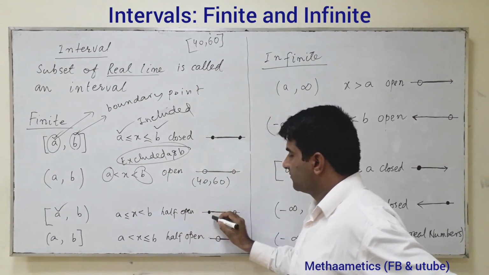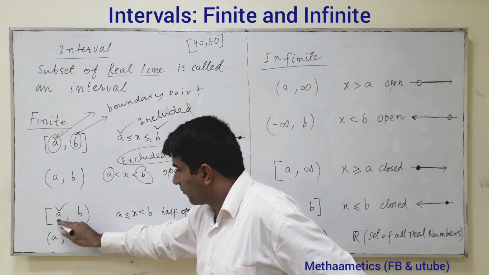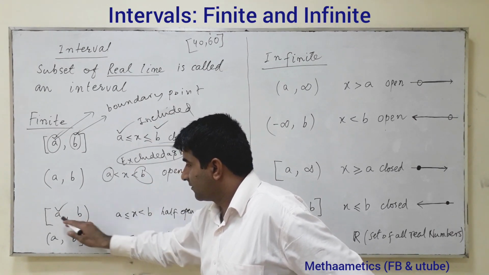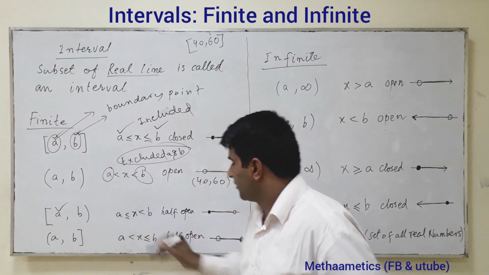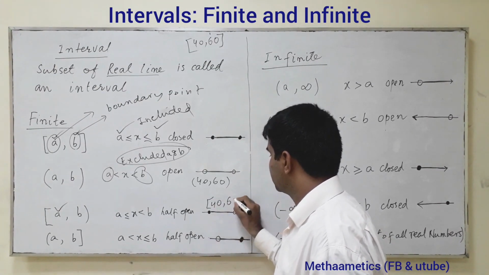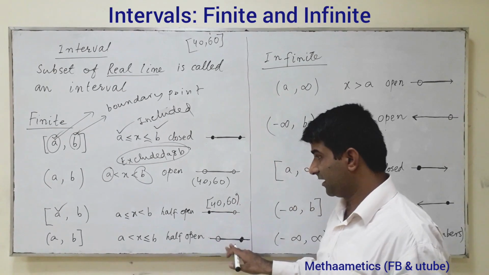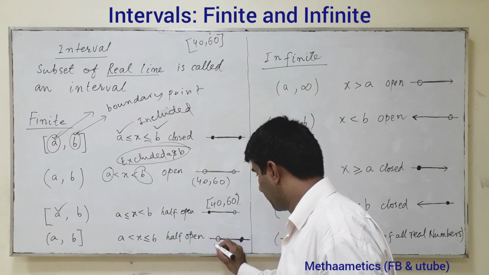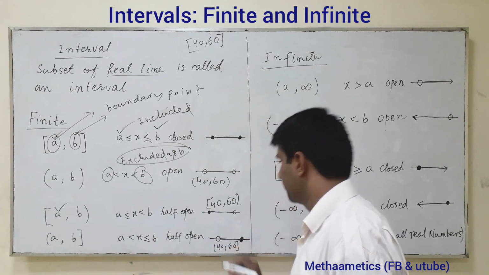And when it is half open, it means from 40 and greater than 40 up to 60, where 40 is included but 60 is not included. And here 40 is not included but 60 is included.